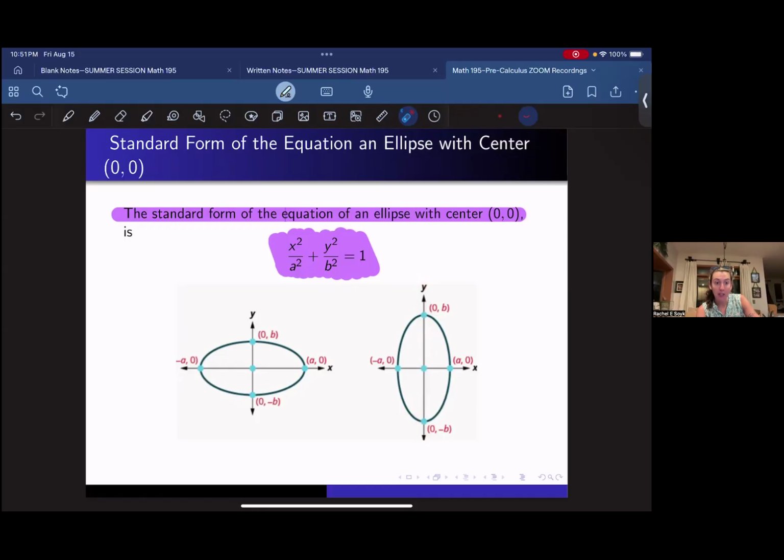So technically, if our a value ends up being larger, then we're going to have an ellipse that has that longer horizontal distance. Whereas if your a value is much smaller than your b value, then we are going to have that horizontal distance be much shorter.